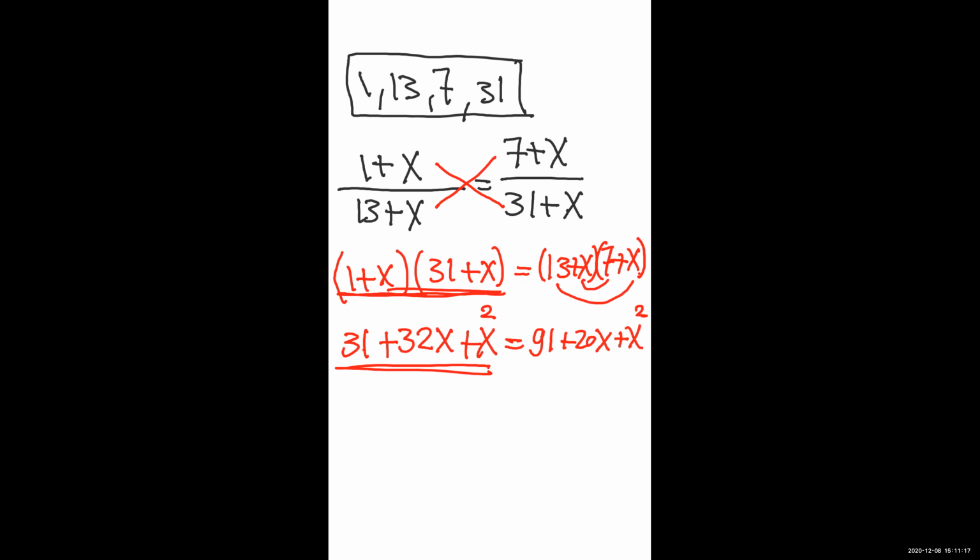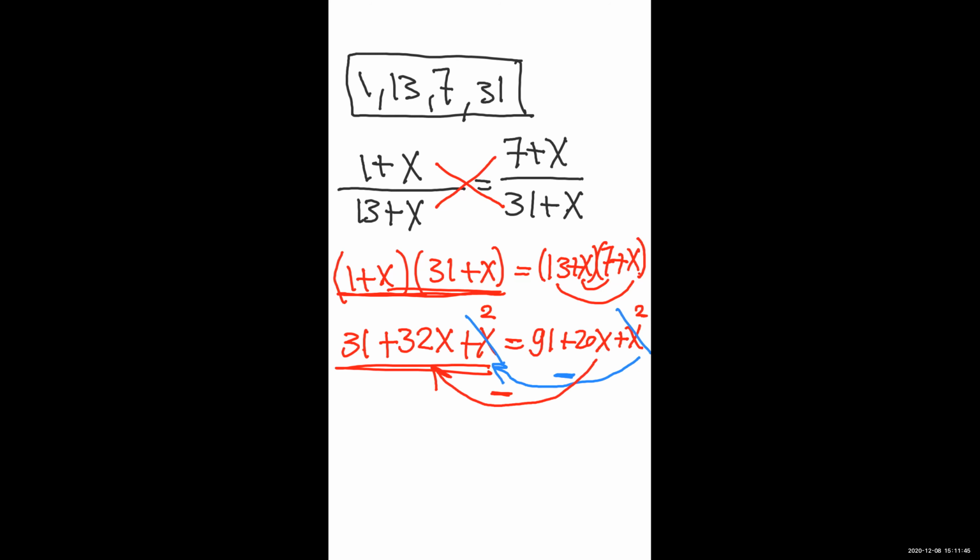Now simplify this equation. I will shift x squared to this side, so negative, because right now it's positive. So x squared minus x squared will be 0. So I will remove these two terms. Then again, I'm going to shift this one also to the other side. It's 20x with negative.